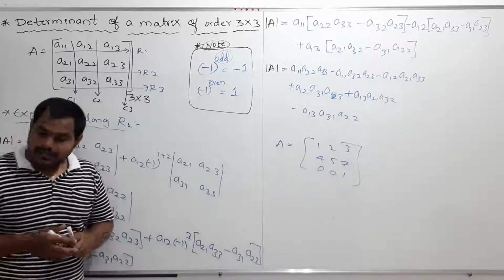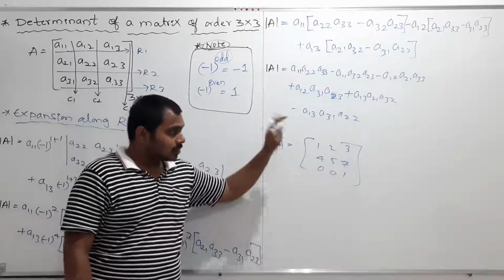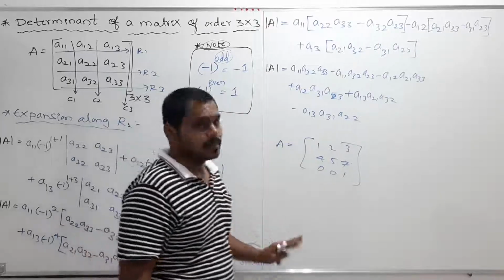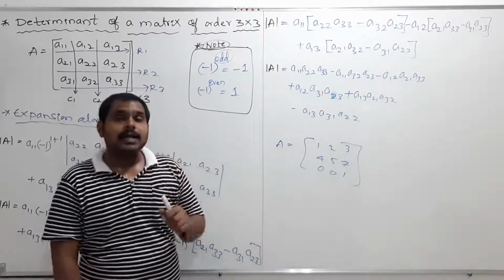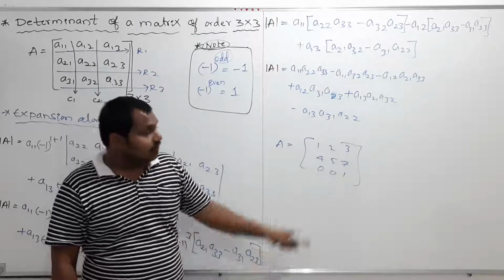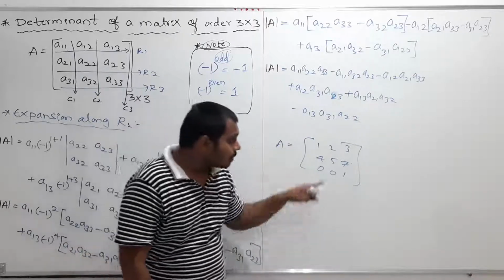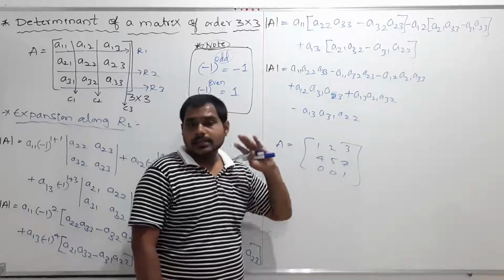Clear? Or else, if you want to say, sir, I'll expand along row 1 only, that is also okay, there is no problem. The only loss to us is that it will consume more time. In this particular example, if you expand by row 1, it's okay.